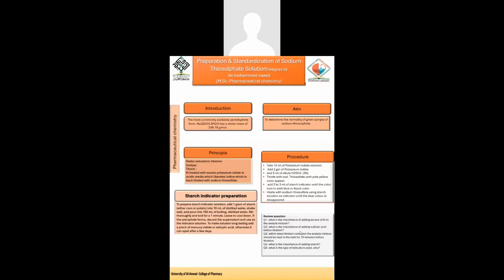What's the importance of adding sulfuric acid؟ Sulfuric acid helps in the liberation or is needed for the liberation of iodine which reacts with the sodium thiosulfate.